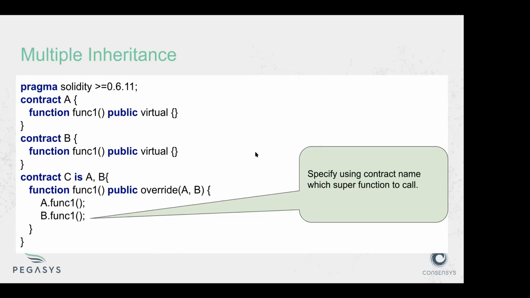So func1 in C is going to override the func1 functions in both of those contracts. In this situation, if you want to call down to the A version of func1, then rather than using super, you would use the actual name of the contract that you want to call.